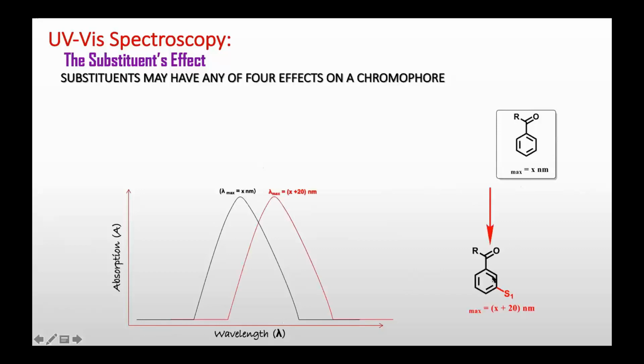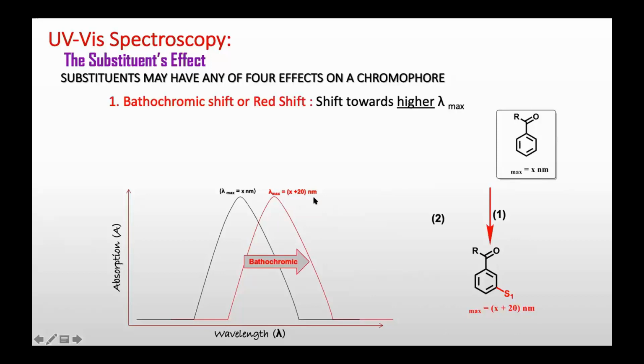Now you install one substituent, S1, which increases the lambda max by 20 nanometers, so its lambda max now becomes X plus 20 nanometers. This is a bathochromic shift, meaning lambda max increased due to the S1 substituent.